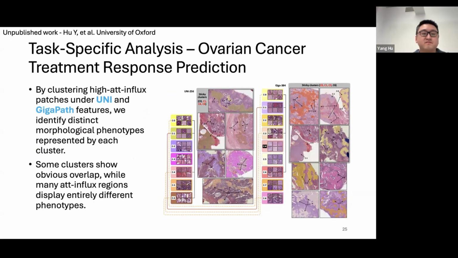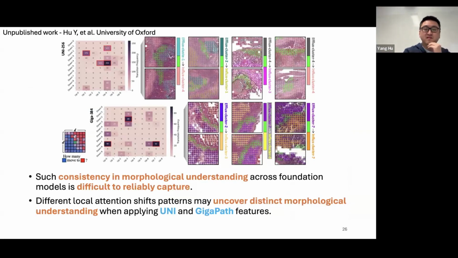We find that some clusters show obvious overlap, while more attention moving areas display entirely different phenotypes. So when we check the attention moving behavior, we find that the consistency of the morphological understanding in attention move-in or move-out areas across different foundation models is difficult to reliably capture.